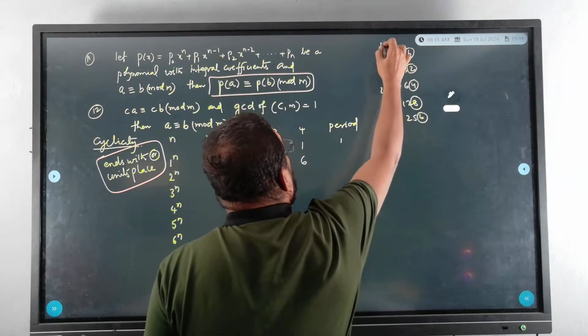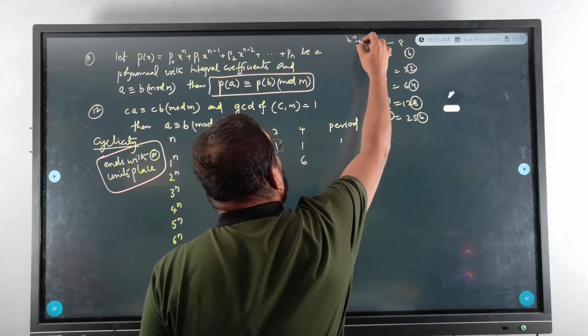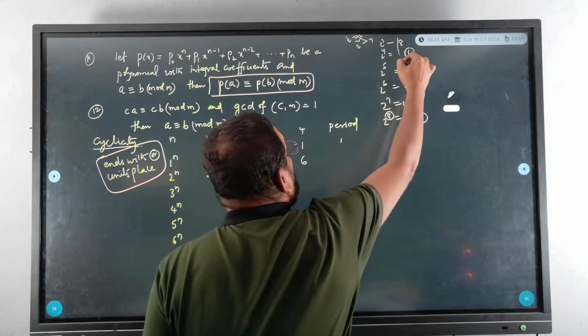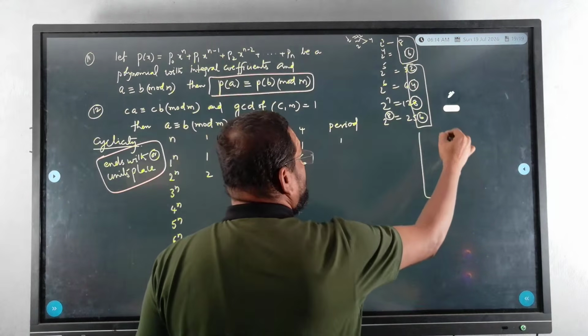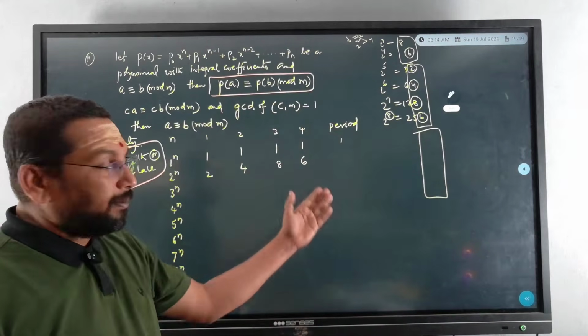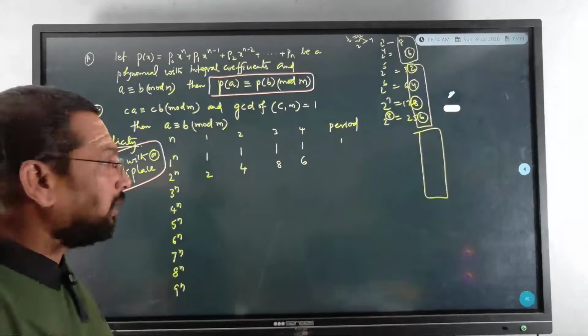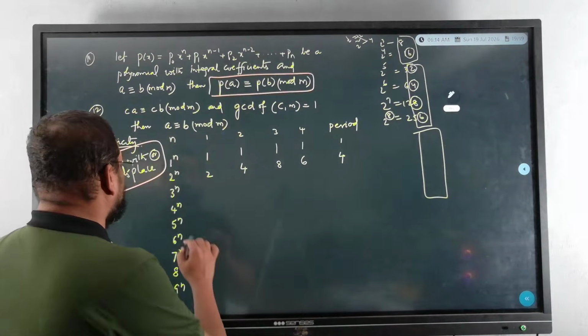So the units digits go 2, 4, 8, 6. All units places will follow this pattern 2, 4, 8, 6. So the period is 4.